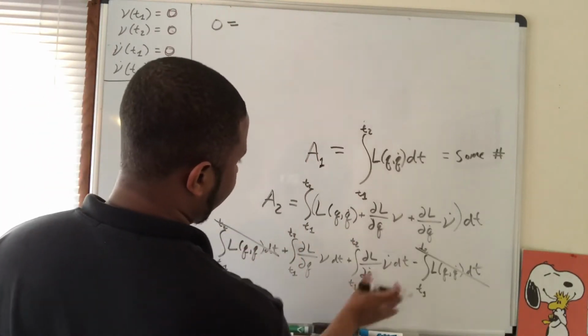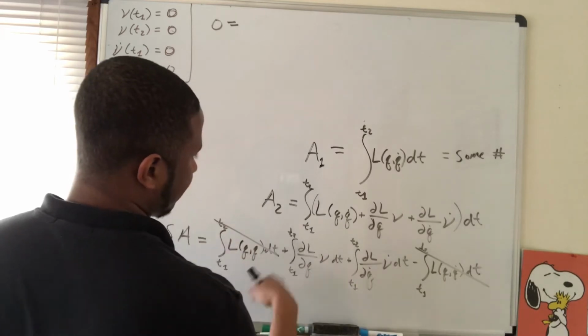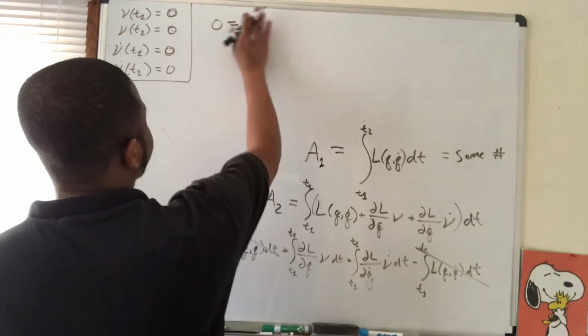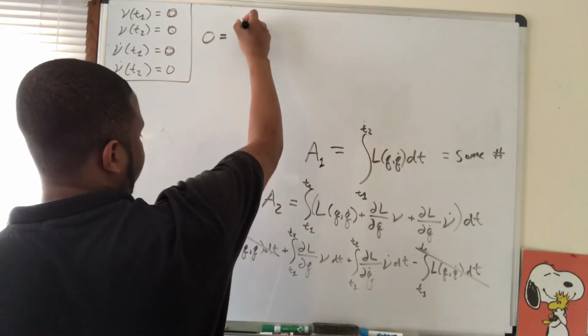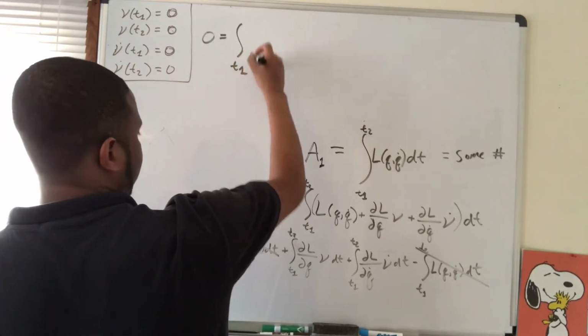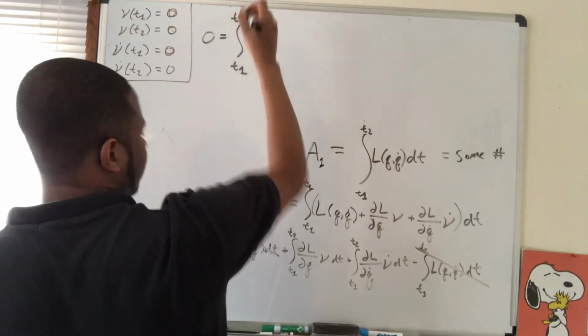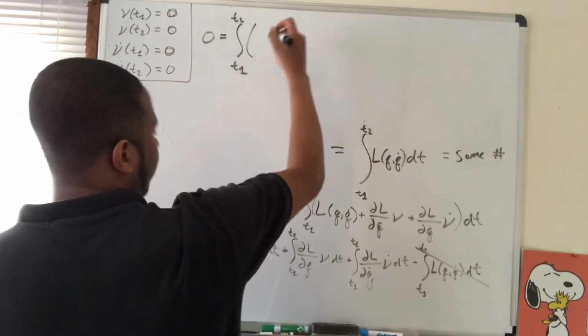Equals. Well, now I'm going to go ahead and make use of that distributive property for integration, just to make it cleaner. Oh, should I do that? Yeah, okay.